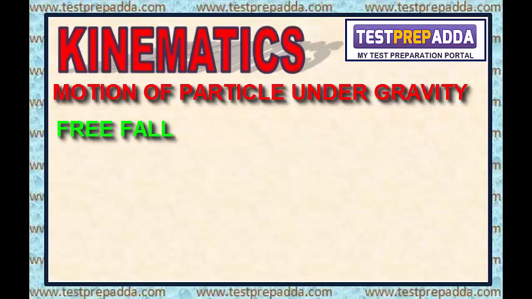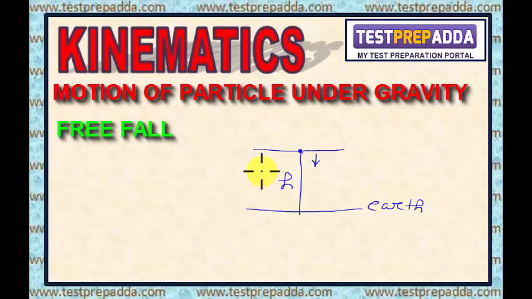Now question arises, what is free fall? An object is simply dropped from height h. Consider this as the surface of earth and this point, let us say this height as h. So when the object is simply dropped from height h, this is called free fall.